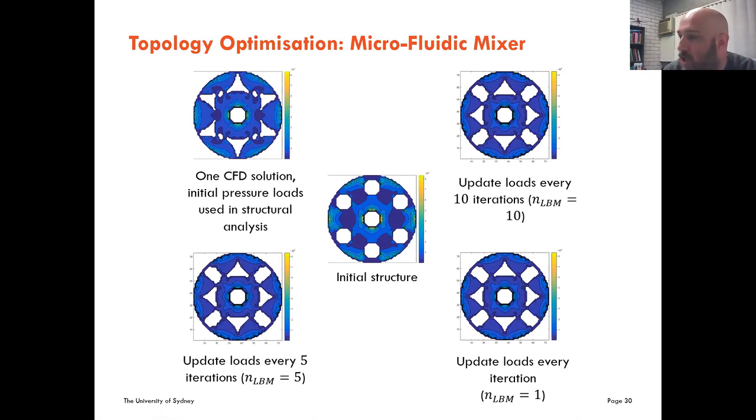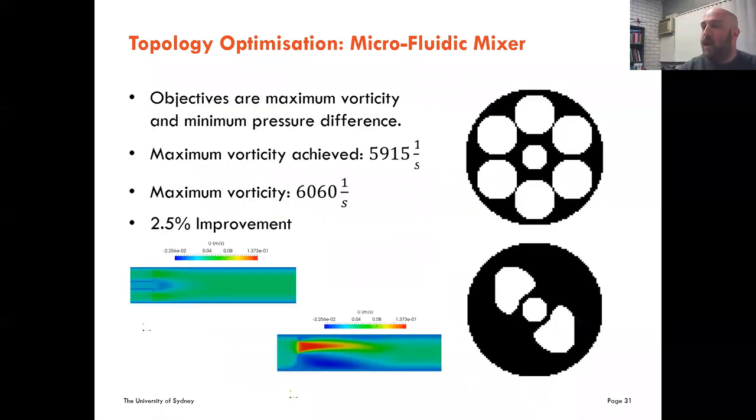But the more interesting case is if you go and actually optimize now for the downstream vorticity and also minimize the pressure difference. You can see this is the start of the design that we used, and the bottom figure, the black and white, is the end design.